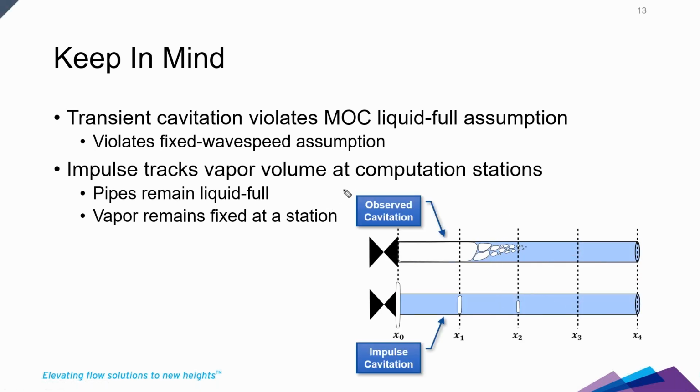So if this is what you're seeing in reality, where your vapor volume grows larger and larger in this direction, and then it starts to fizzle out, we're going to take this entire volume and put it right there at the inlet. And then this amount of vapor volume, we're just going to put right here at this station. This teeny little bit, we're going to put right there. And then the volume in between with the calculations is still liquid densities. So this is what is happening behind the scenes.